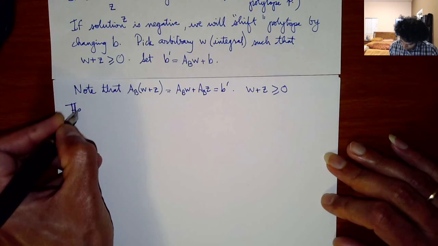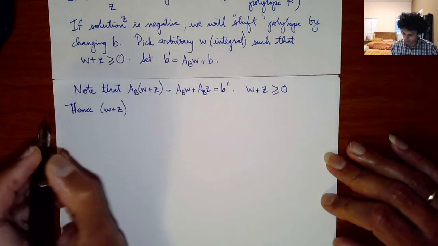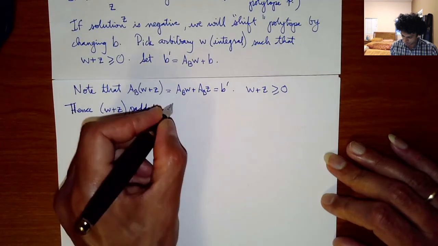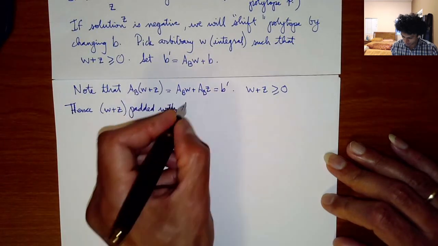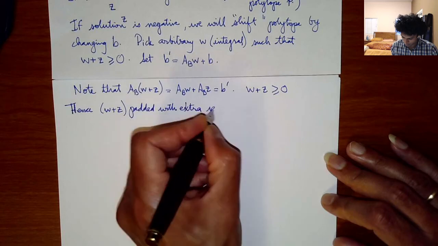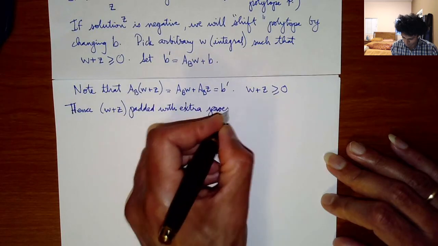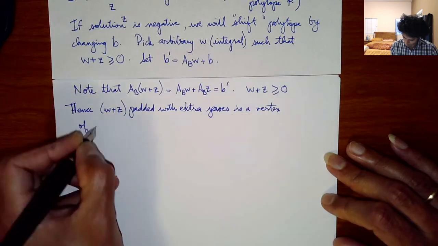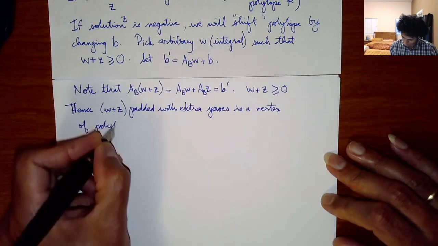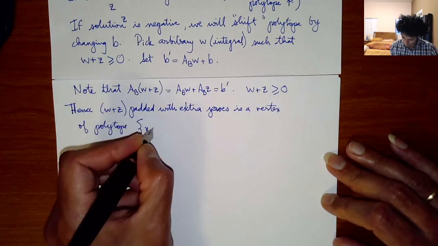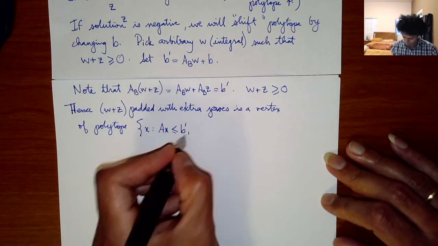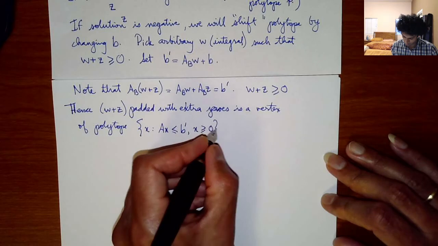Hence, w + z padded with extra zeros is a vertex of the polytope {x : Ax ≤ b', x ≥ 0}. Right?